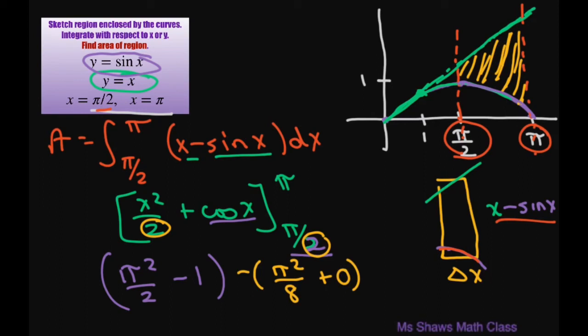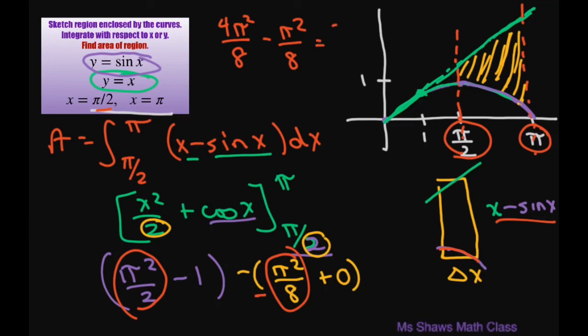So this is going to simplify to, you subtract them. If I make that 8, that's going to be 4 pi squared divided by 8 minus pi squared divided by 8. That's going to give me 3 pi squared divided by 8. And then this one's just minus 1.